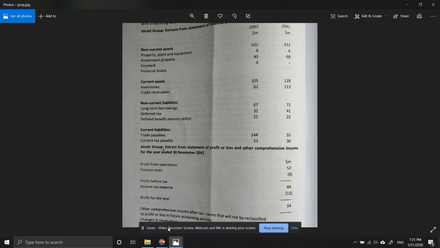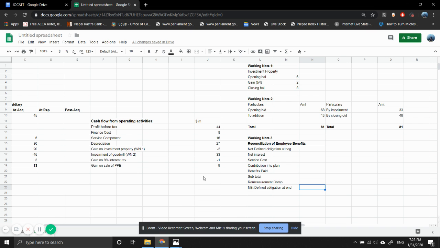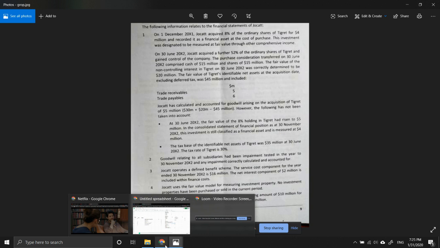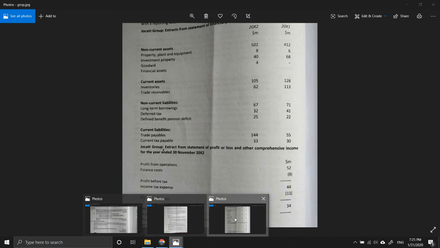So it was 22 increased to 25, right? And then our service cost component is 16, right? Net interest component is 2, I guess. 2 million. And then what about our remeasurement? The remeasurement is over here.